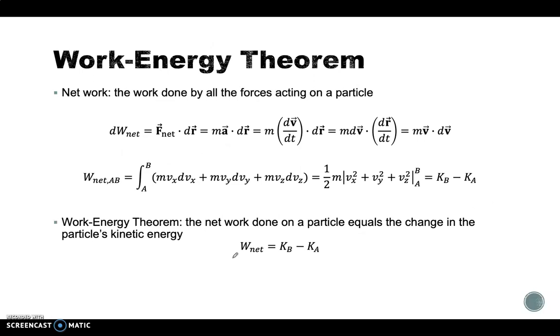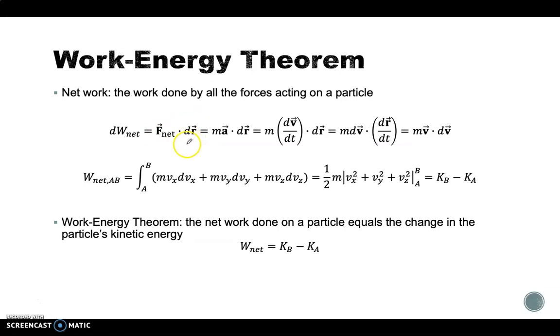Alright, so we're going to go ahead and now talk about the work energy theorem. To first talk about that, we want to go back and look at net work, which is the work done by all the forces that are acting on some particle or object. So we are going to define the change in net work as F net dotted into our displacement vector.